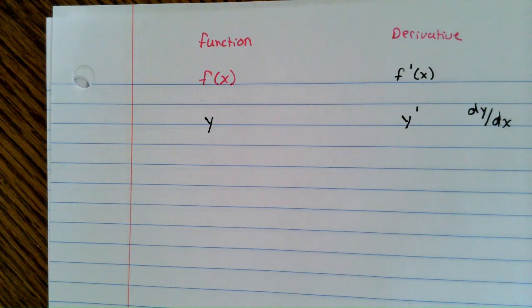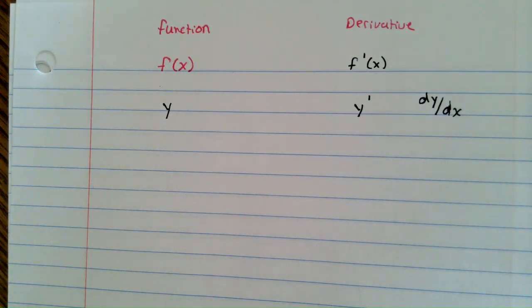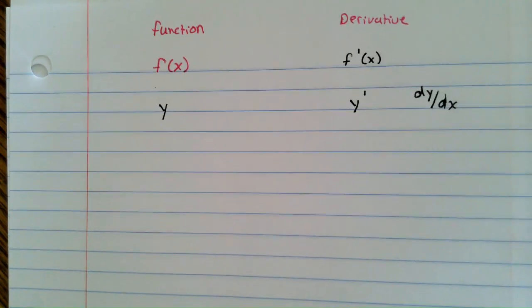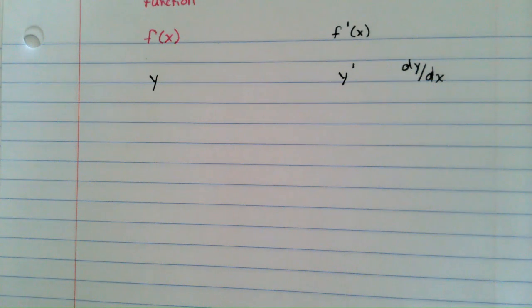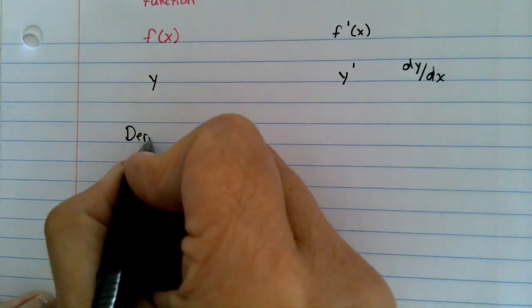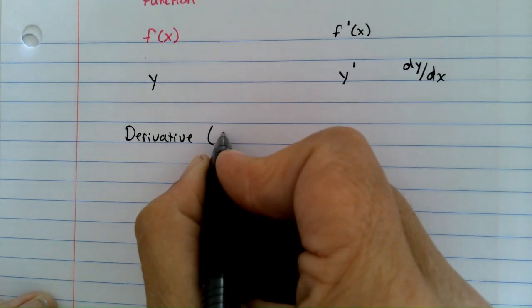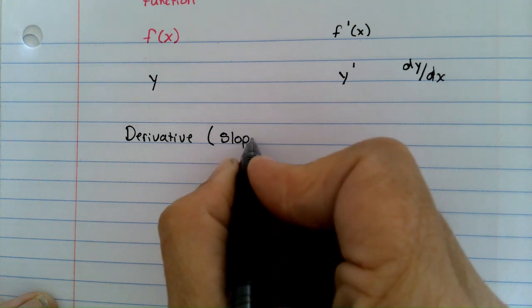So there's several different ways they can notate it. If you get confused, go ahead and check in the beginning, because there's different notations for different purposes. Some help us better than others. So what is a derivative? Okay, a derivative, remember, it's also the slope of your tangent line.